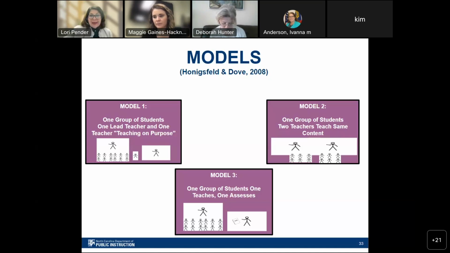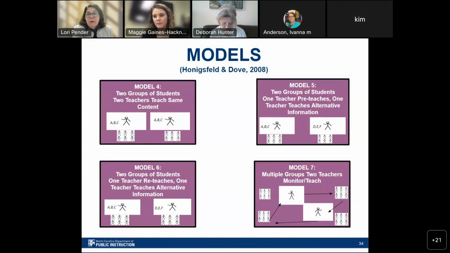Now, let's look at the next four. So models 4, 5, 6, and 7. Let's look at what you notice about these models and the commonalities. You can certainly chat or speak. Two groups of students, two or more possibly, right?